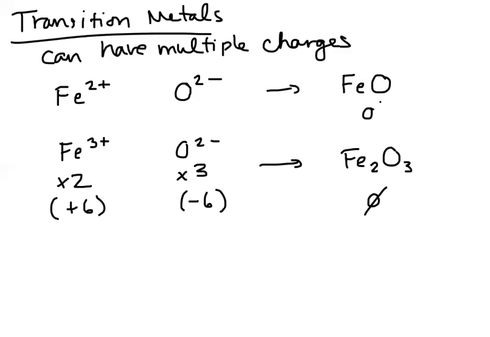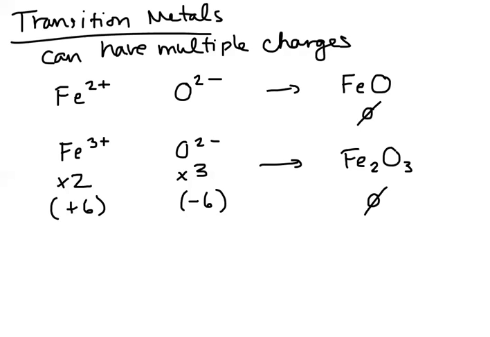So these are both neutral compounds depending on the charge of the iron. If you had to identify the charge of iron from two different oxygen compounds, in the first one, one iron balances out the O2-, which means the charge has to be 2+.